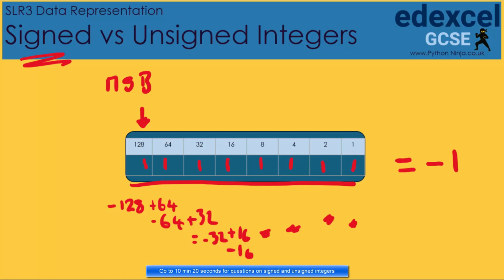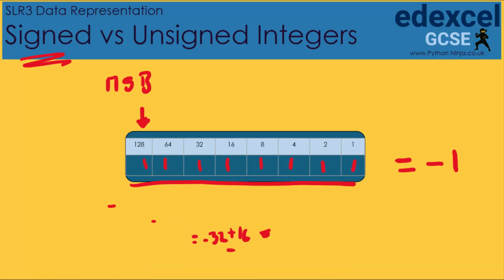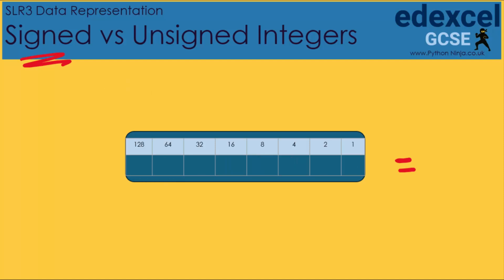Let's do a couple more. So remember that we are now dealing with signed integers, which means that the leftmost bit can no longer be used to represent the number itself. It is like a plus or a minus number. So let's do another one. So we've got 1 here, which means it's going to be a minus number. So if we do something like that, what is the number being represented?